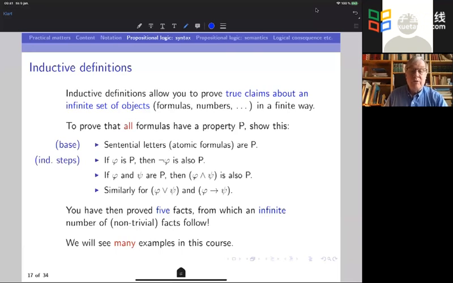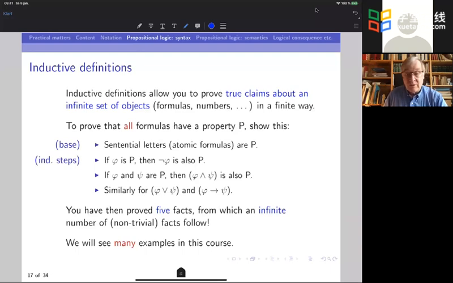You prove that the sentence letters or the atomic formulas have the property P. That's the base step. Then you prove that if a formula has the property, then the negation also has the property. And if two formulas, phi and psi, have the property, then their conjunction also has the property. And similarly for the other connectives.